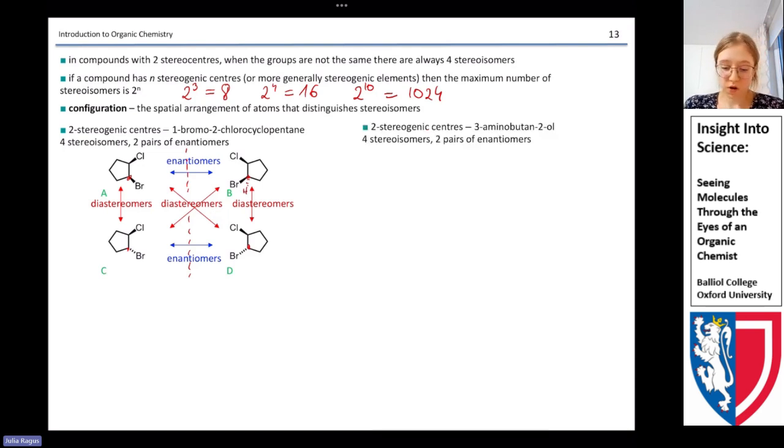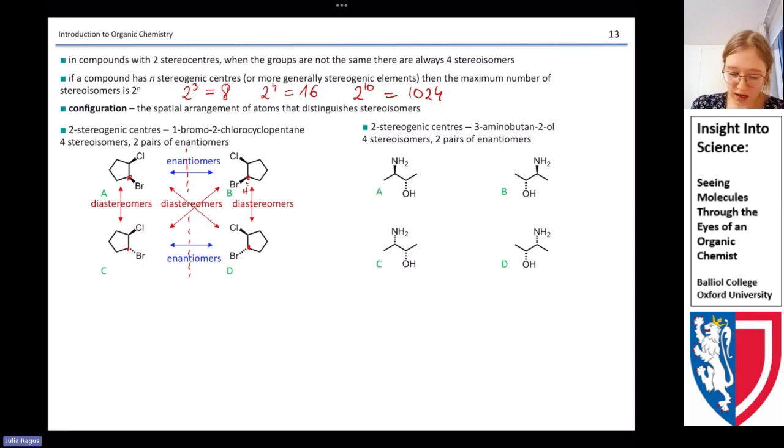And same goes for another compound with two stereogenic centers. We have two stereogenic centers, 2 to the power of 2 is 4. So we've got 4 stereoisomers. And again, the mirror plane goes through the middle. So we've got 2 enantiomers, and the rest is not related as enantiomers, yet they are stereoisomers.